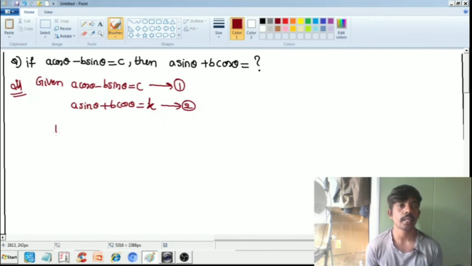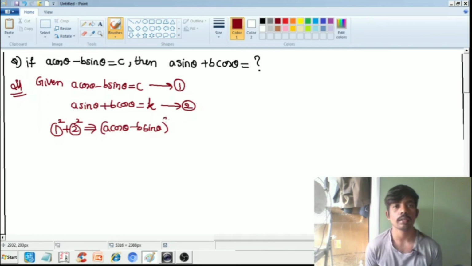Now squaring and adding together, what you will get: A cos theta minus B sin theta whole square plus A sin theta plus B cos theta whole square is equal to C square plus K square.